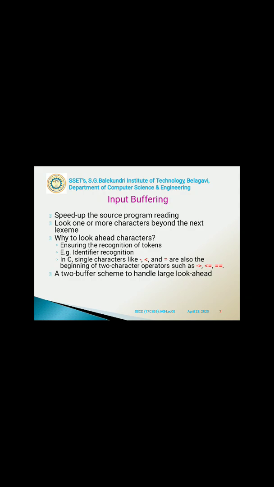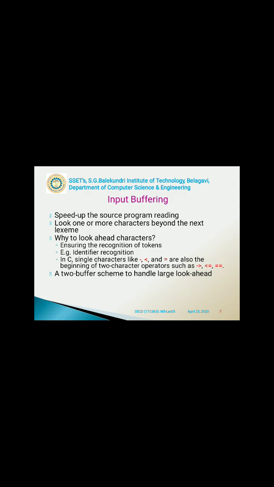For a lexical analyzer, before realizing that it is a particular token, it is very important to speed up the reading process, because, as we have seen, the lexical analyzer is going to read input character by character.